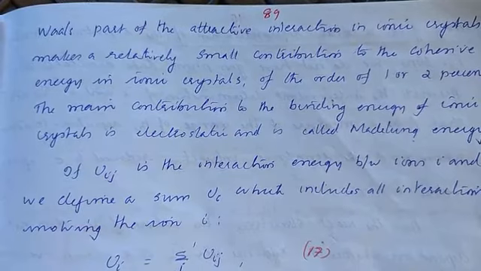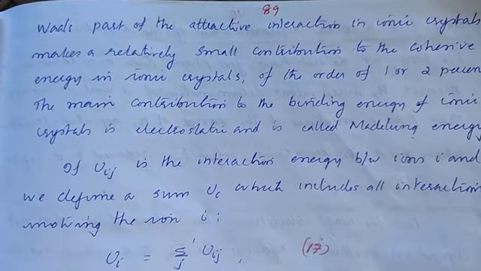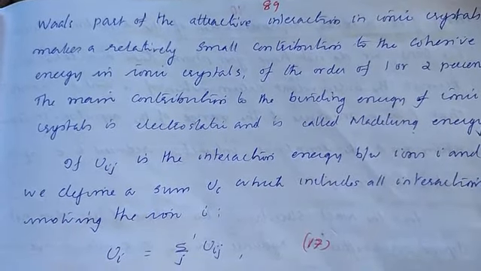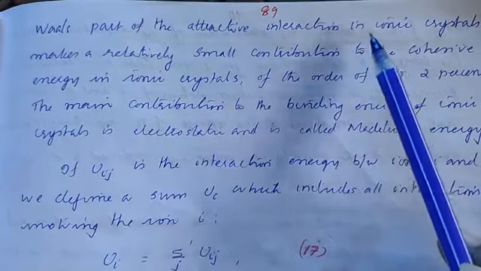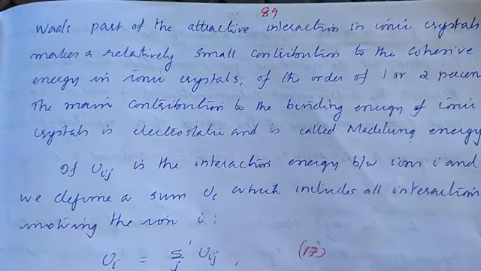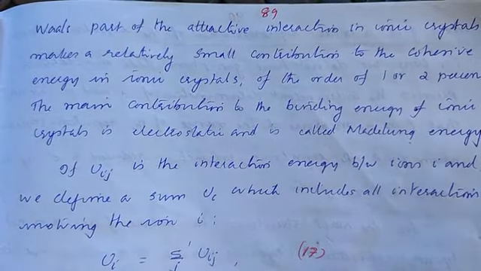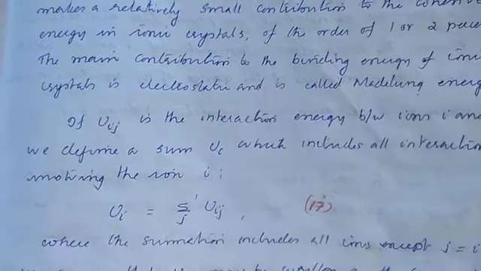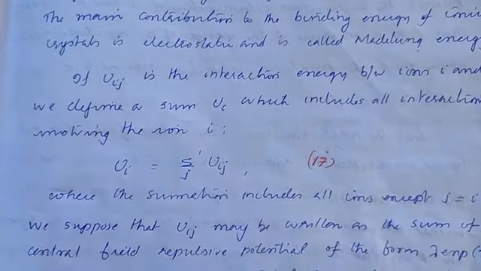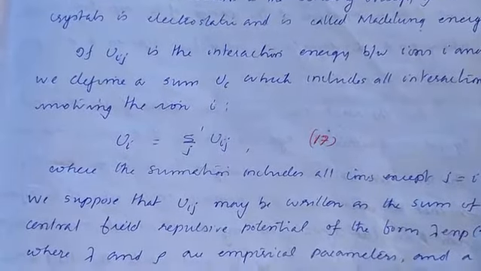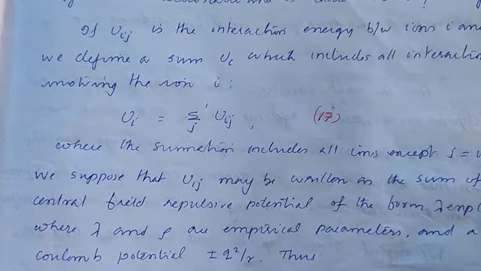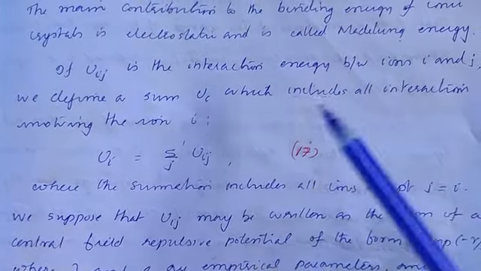So ions having inert gas configurations have a repulsive interaction similar to that of van der Waals, but the van der Waals part of the attractive interaction is relatively very small, and the main contribution to the binding energy is the electrostatic interaction between the charges, called the Madelung energy.